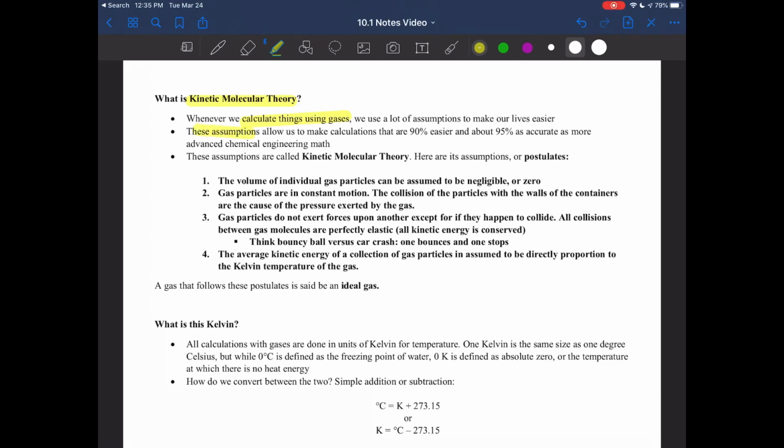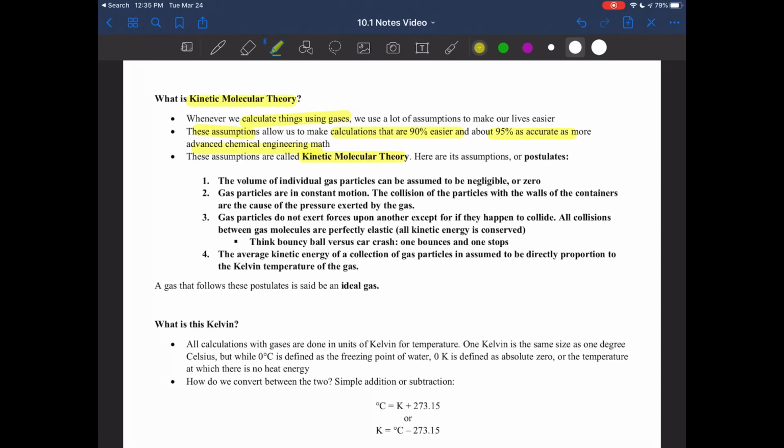Now, these assumptions about how gases behave, how they go about and bounce off walls and stuff, they allow us to make calculations that are like 90% easier and pretty much as accurate as more advanced chemical engineering math. And these assumptions are called kinetic molecular theory.